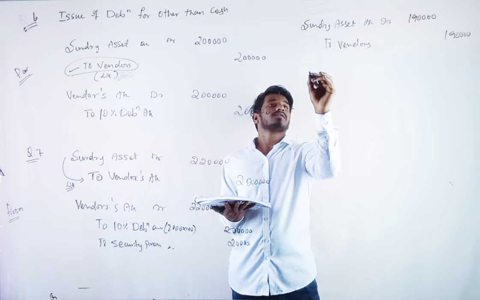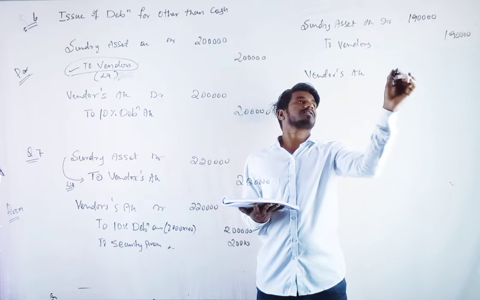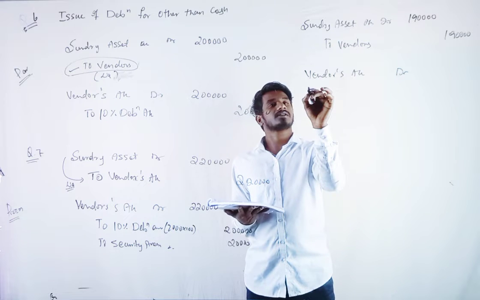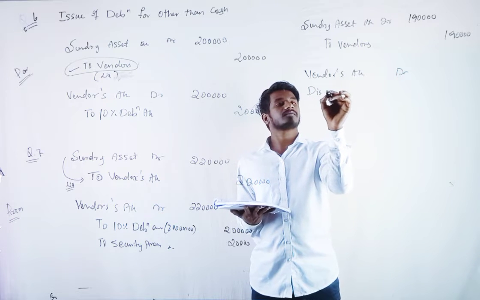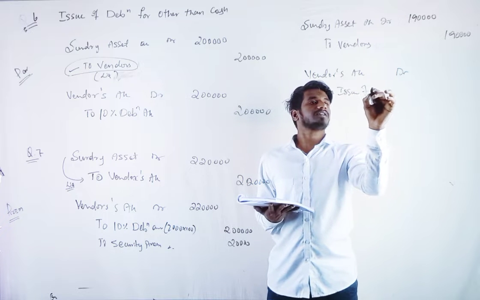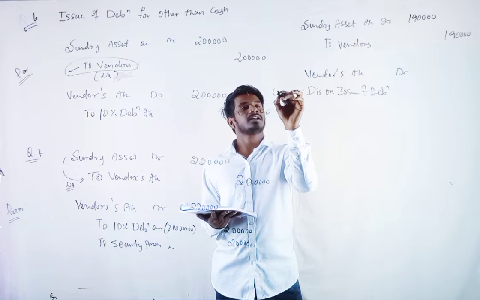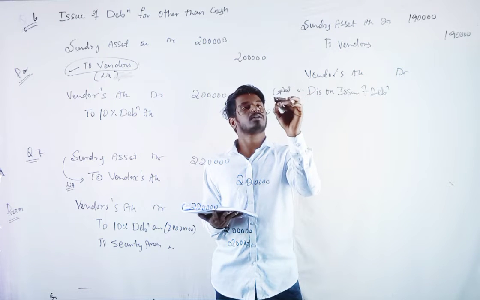Then vendors account debit, and discount on issue of debenture. It is a capital loss. You know it already.